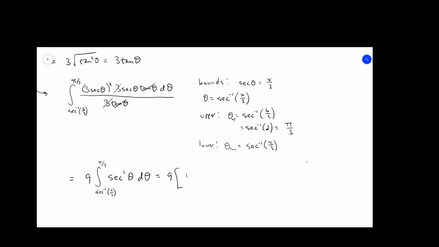If you remember, it was 1/2 secant theta tangent theta plus 1/2 natural log of secant theta plus tangent theta. You can go and look at that work that we just did. In fact, just today we did that. And then our bounds, inverse secant 4/3, and the upper bound pi over 3.